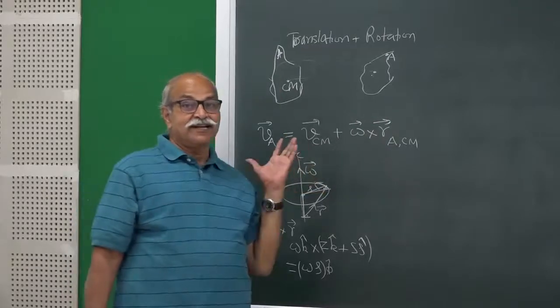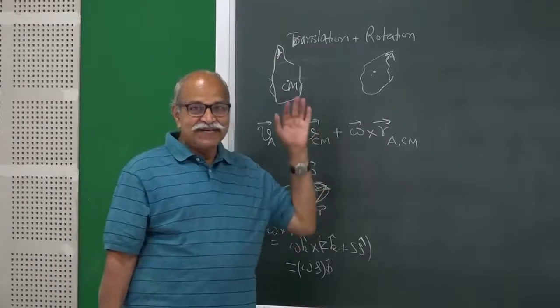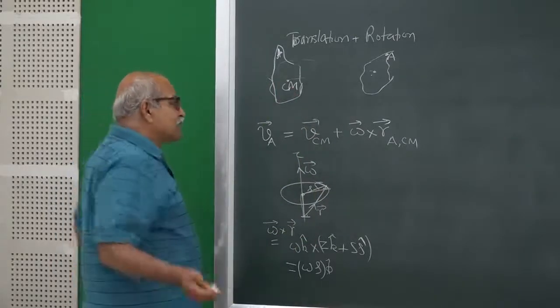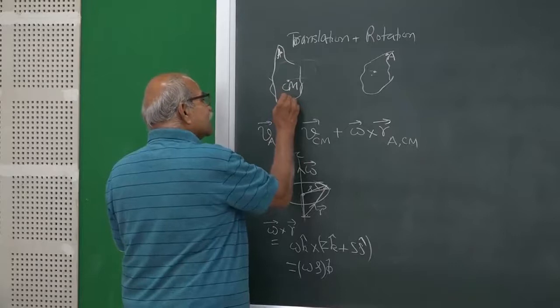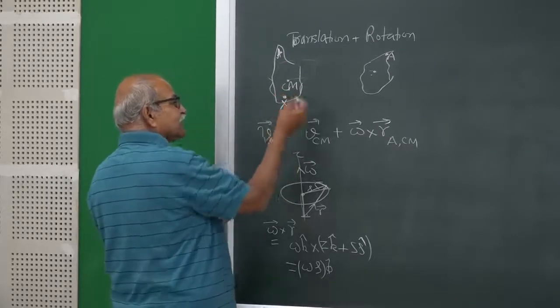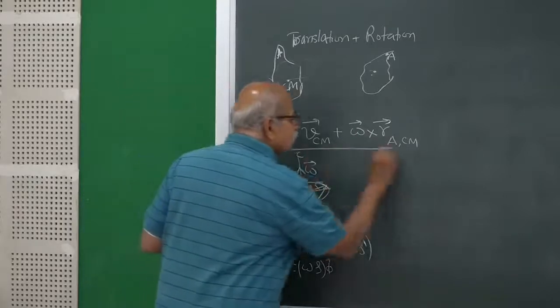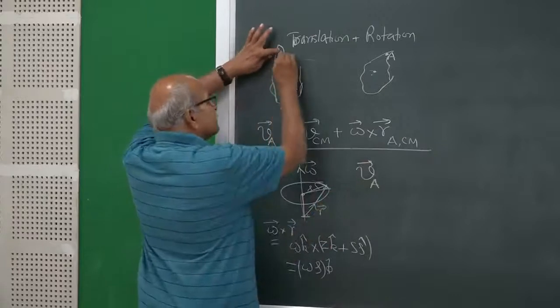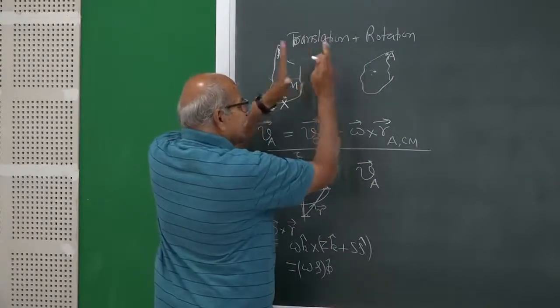Now, very interestingly, if you do not use the center of mass and fix some other point, say this point, named x, you can still write the velocity of this arbitrary particle a at any instant.